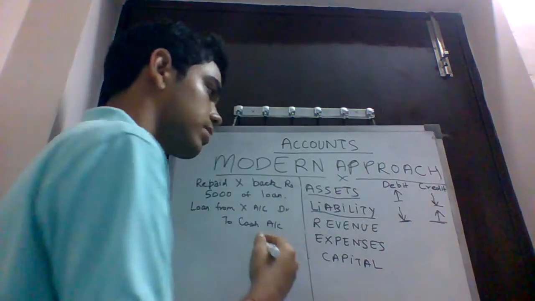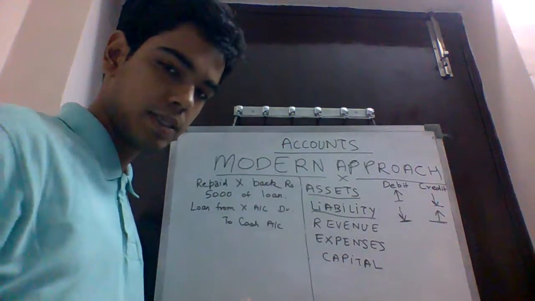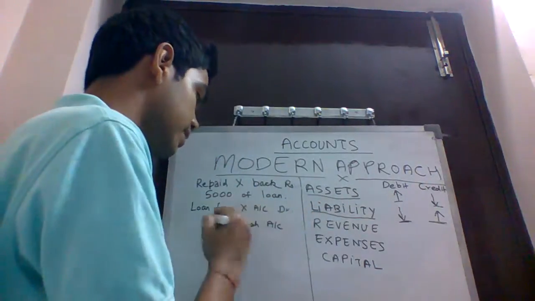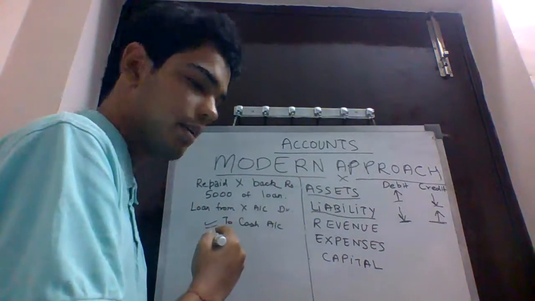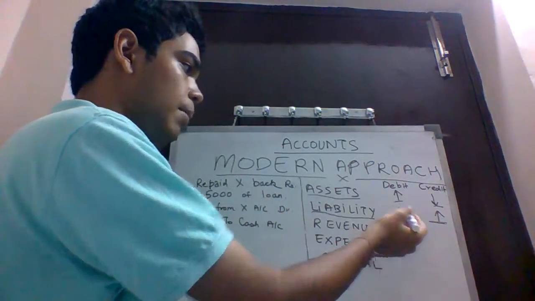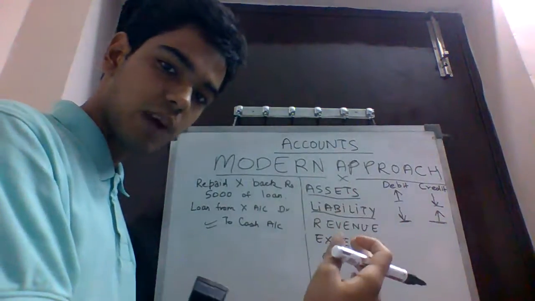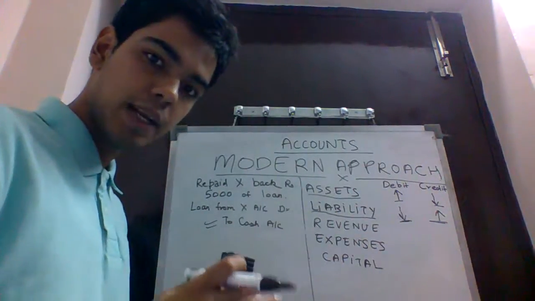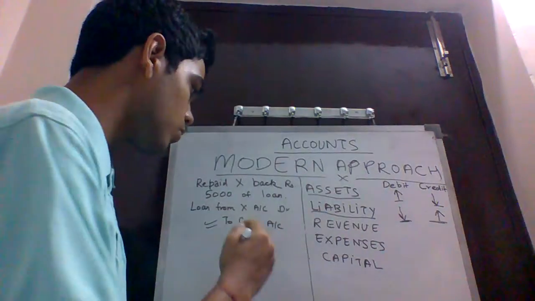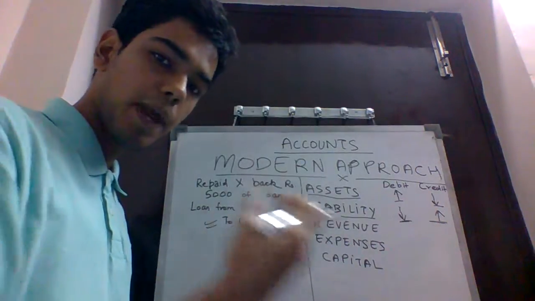Now the cash account will be credited because the cash balance is being deducted from the business, and as per the assets rule, decrease in assets are credited. But loan from X account is debited because decrease in liabilities are debited. That is, now I have repaid him back rupees 5,000 and there is no liability left payable to X. The liability is being cancelled, the amount is being paid.